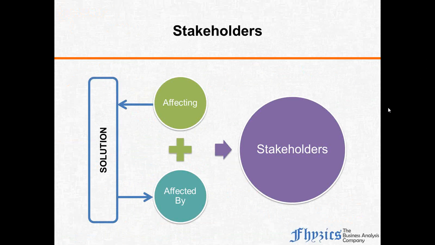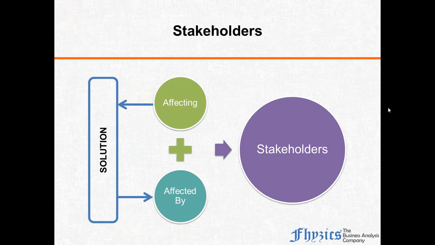This is the typical scenario several decades back, right? The people who are affecting the project have a very good presence among the stakeholders, but the people who are affected by it are not given much importance. It is not purposefully done. It is a mistake. It is not understanding the word stakeholders.